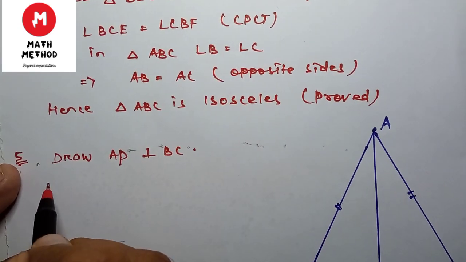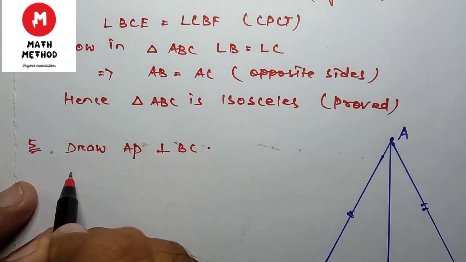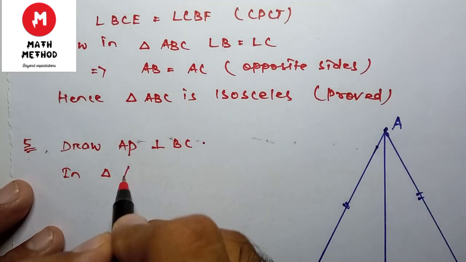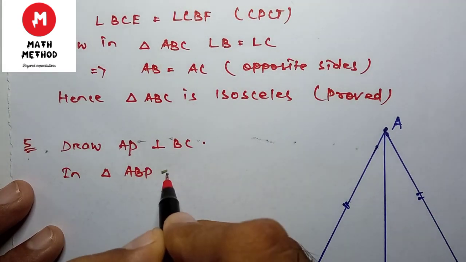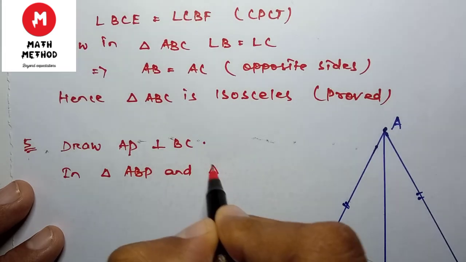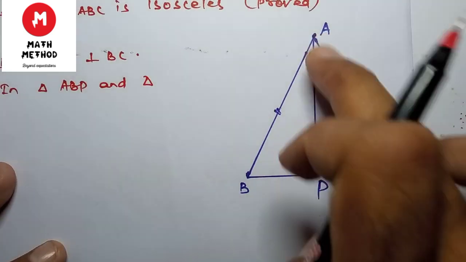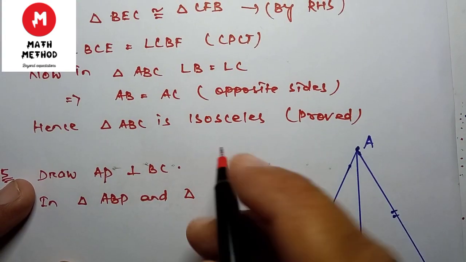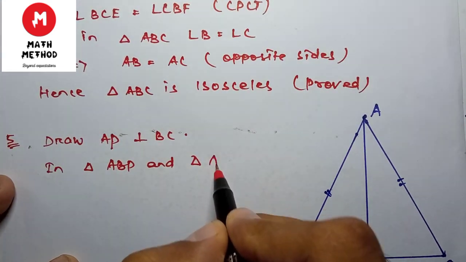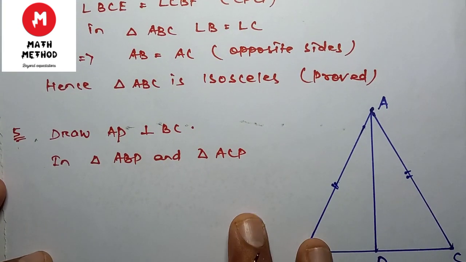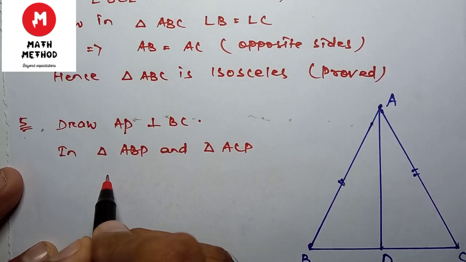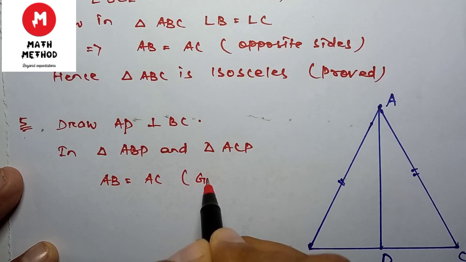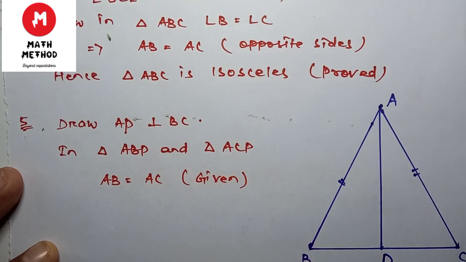Now in triangle ABP and triangle ACP, we know that AB is equal to AC. This is our given in question number 5.